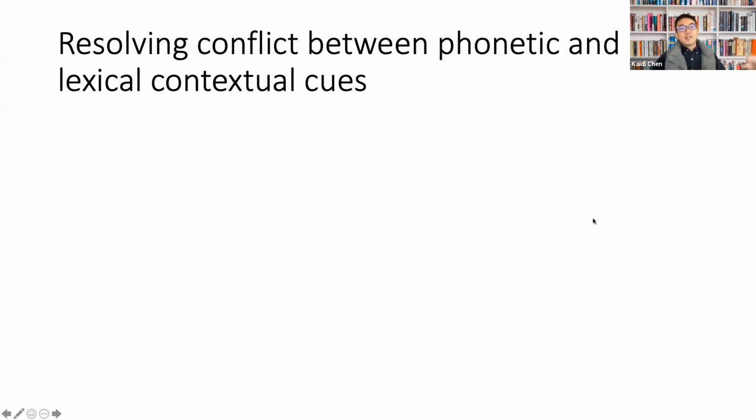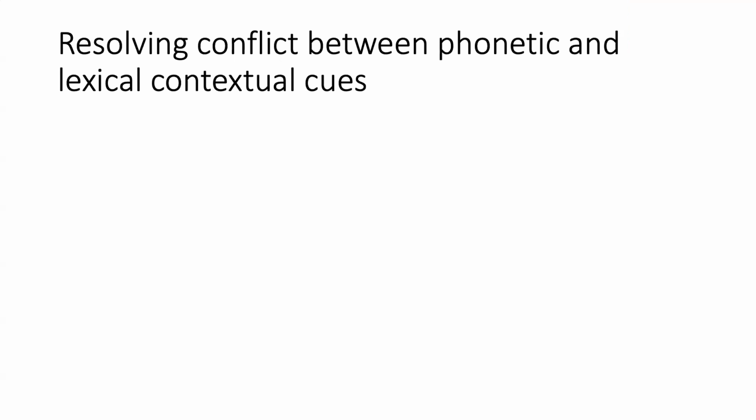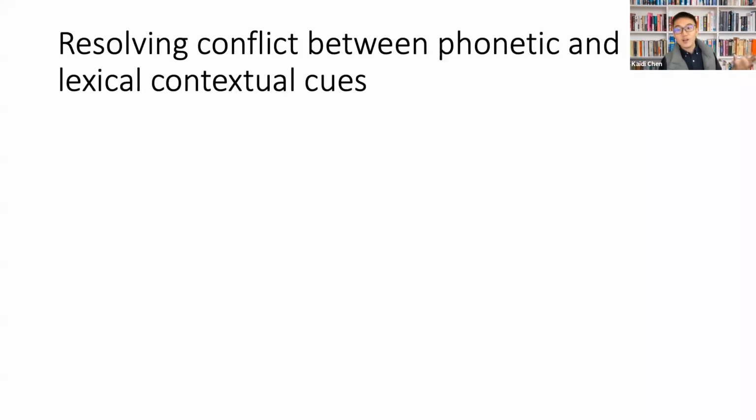In our natural communication, the lower level acoustic phonetic cues and higher level contextual cues are often convergent, often providing redundant cues to a speaker's intent, but sometimes the information conflicts.